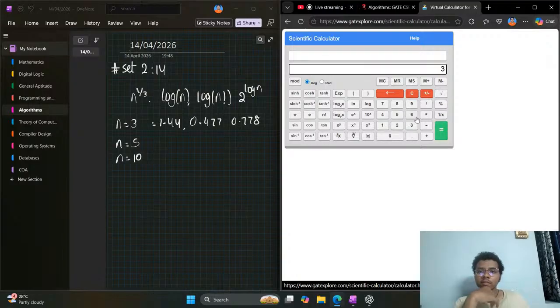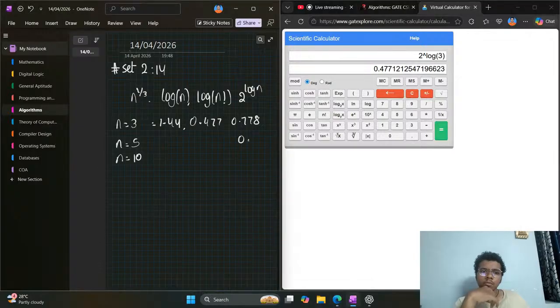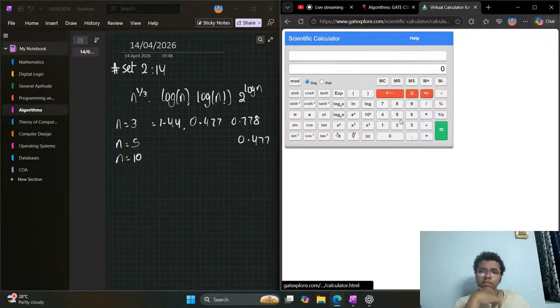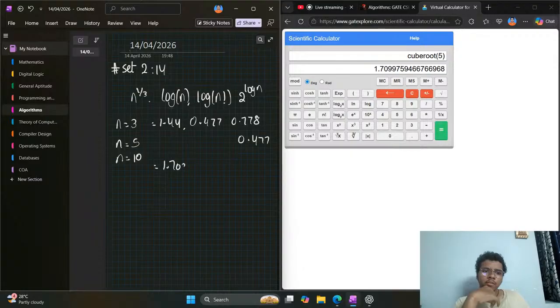So that is 3, and you have a log, and you have 2 to the power of 0.477. Similarly, if you do that for 5, cube root of 5 is 1.709.